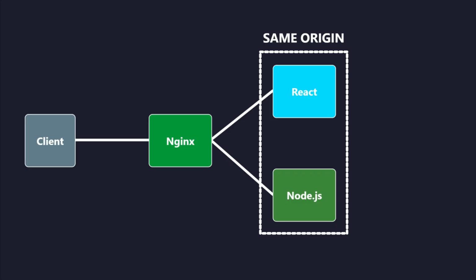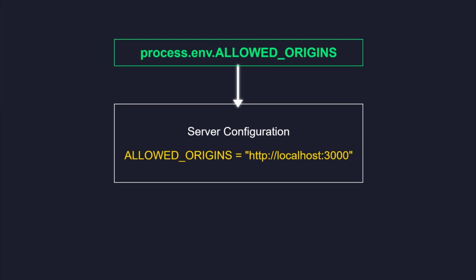This removes the need for any cross-origin configuration at the application level. If a reverse proxy is not an option, you should use environment variables to inject the correct allowed origins into your server configuration. This allows you to support localhost during development, while strictly enforcing your production domain once the application is deployed to the cloud.